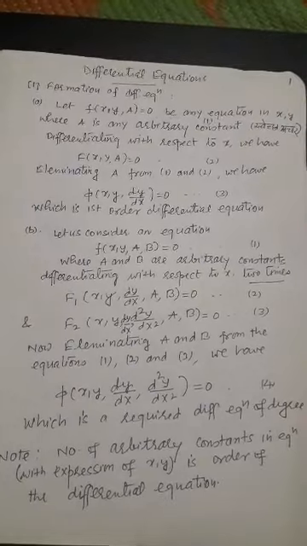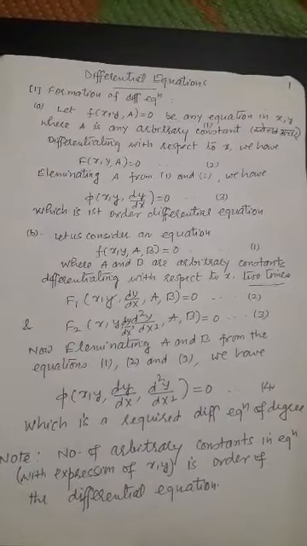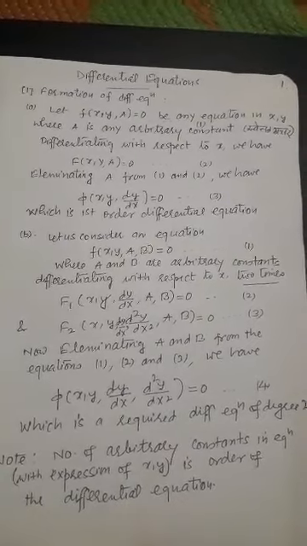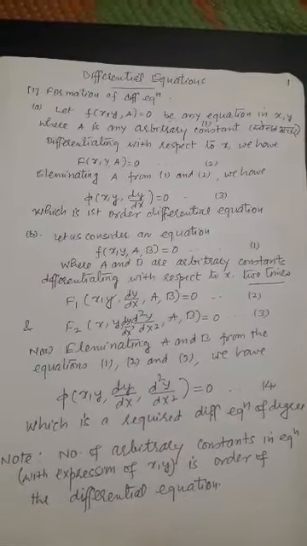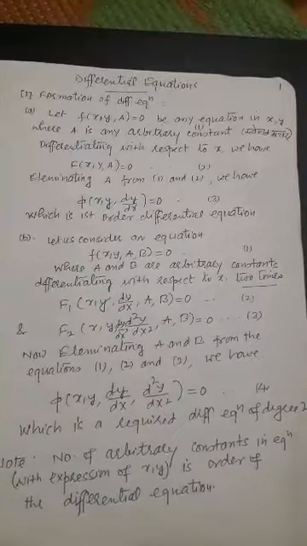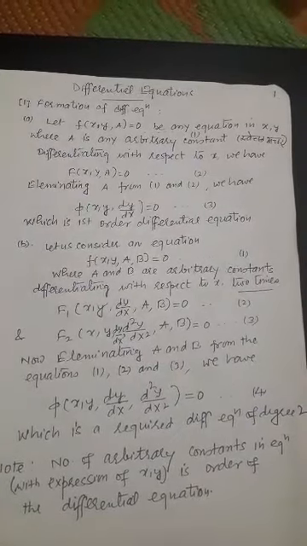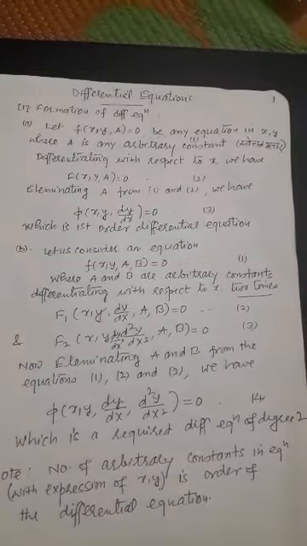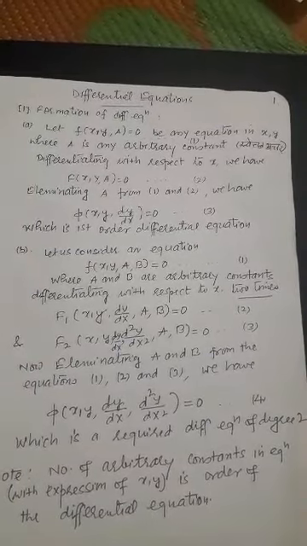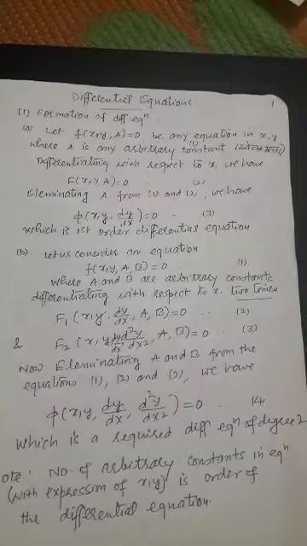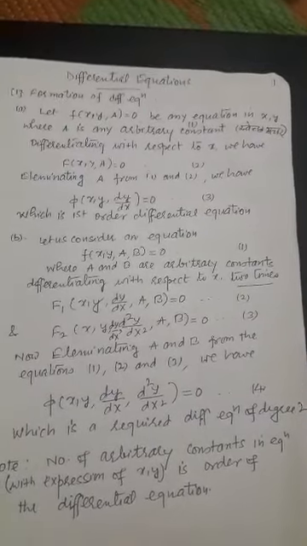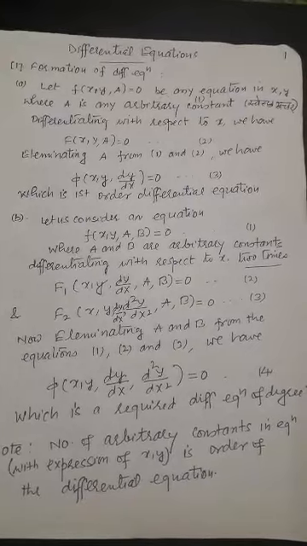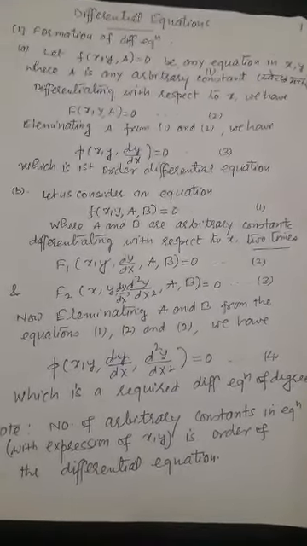Now eliminating a, b from the first, second, and third equations, then we have a relation phi of x, y, dy by dx, d square y upon dx square equal to 0, which is the exact differential equation of the given equation.